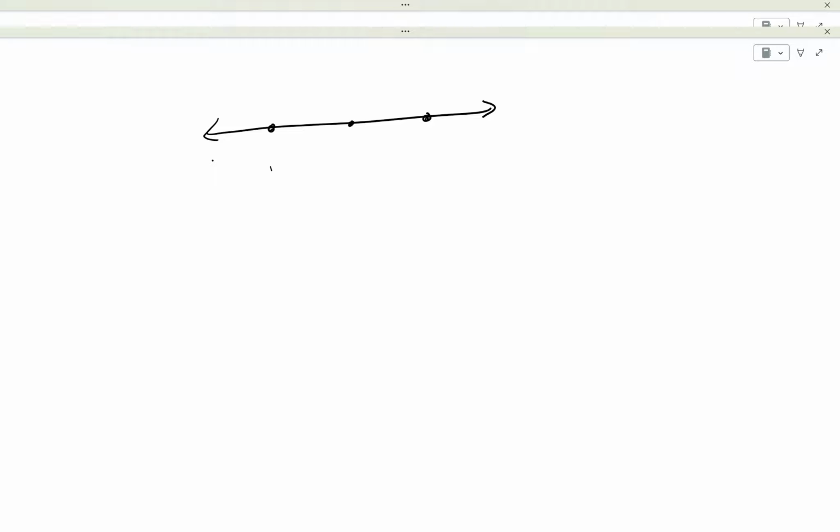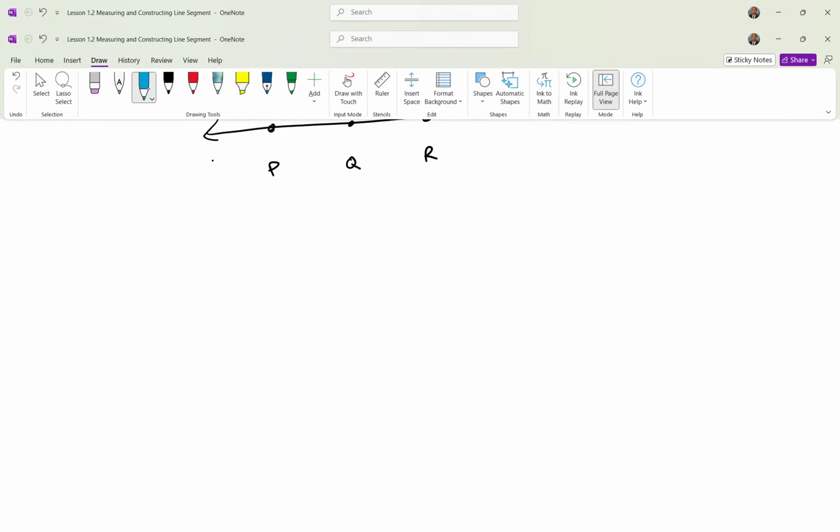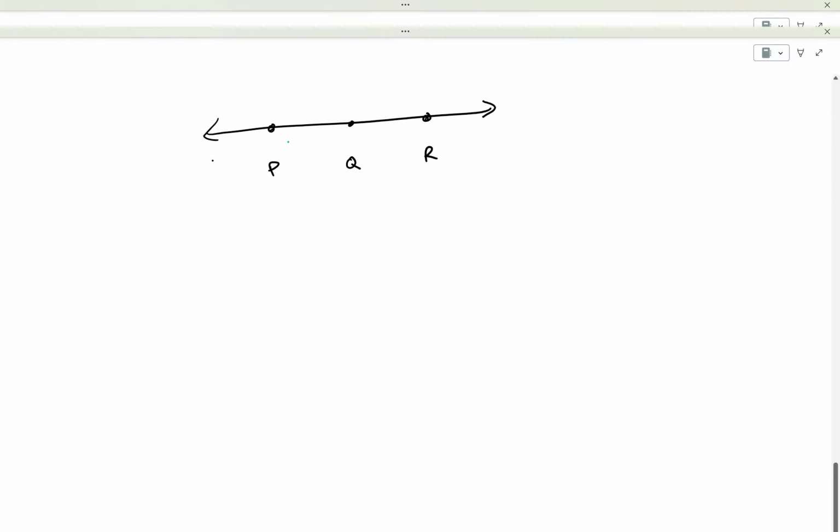We have PQR. Okay, so PQ is 8y plus 25. We have PR, this entire segment, which is 13y plus 25.